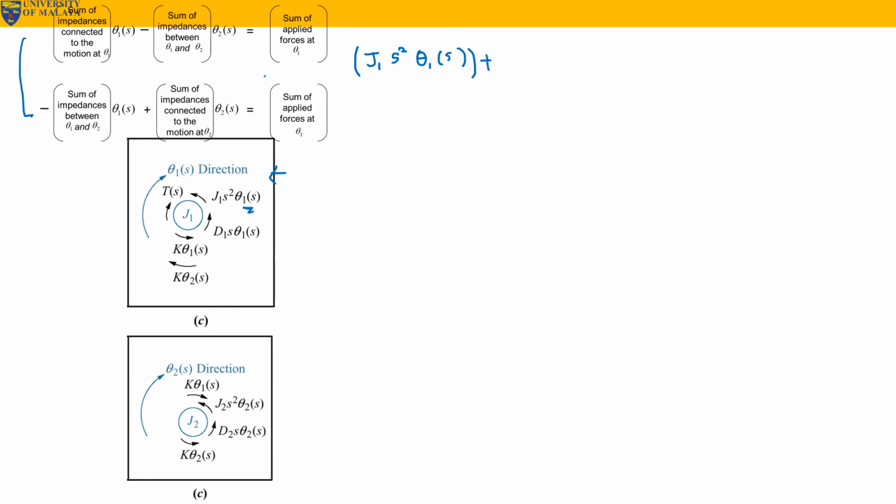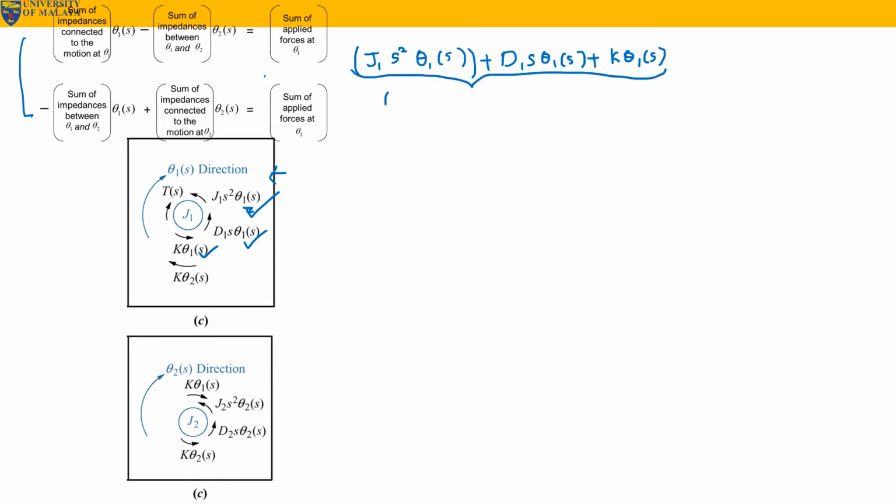Plus, the second one is from the damper, so we have D1 S theta 1 of S. The third one is from the spring, so we have plus K theta 1 of S. So just collect all of these terms.